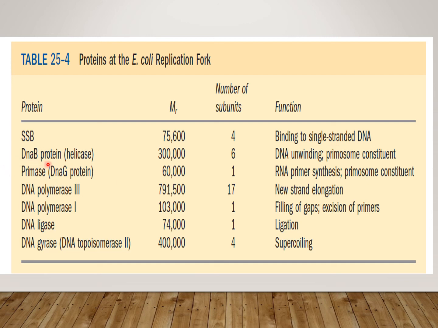Then DNA B protein, that is helicase. The job of helicase is to unwind the DNA. Primase, that is DNA G, is responsible for synthesizing the primer. DNA polymerase 3 is the primary enzyme of DNA replication in prokaryotes, and it elongates the new strand by addition of nucleotides.